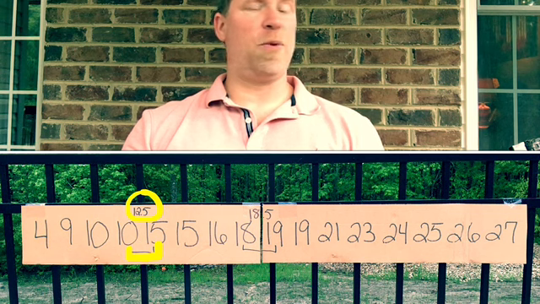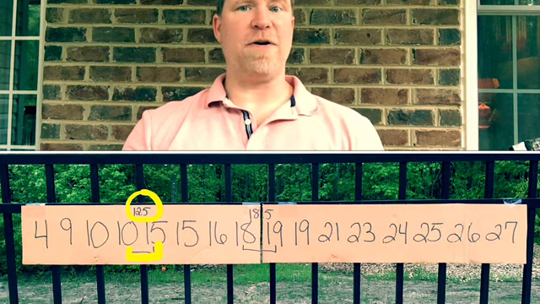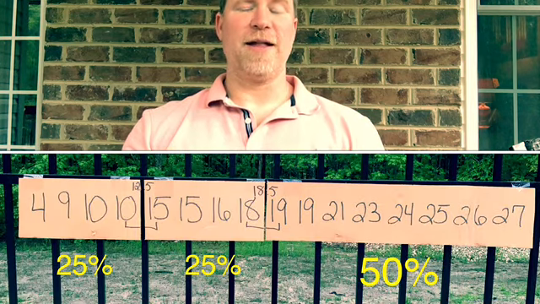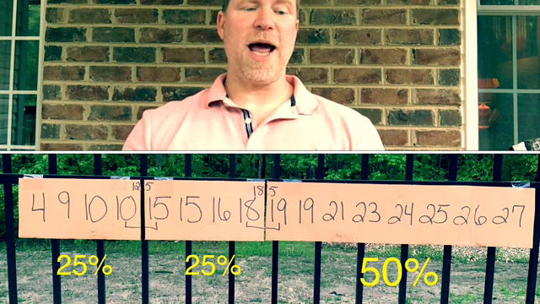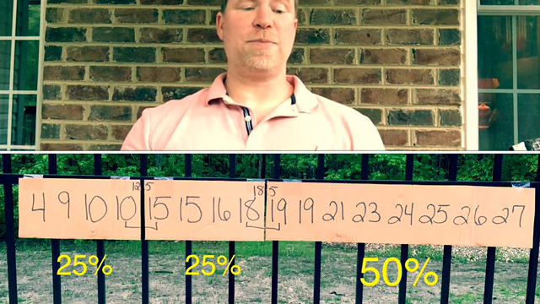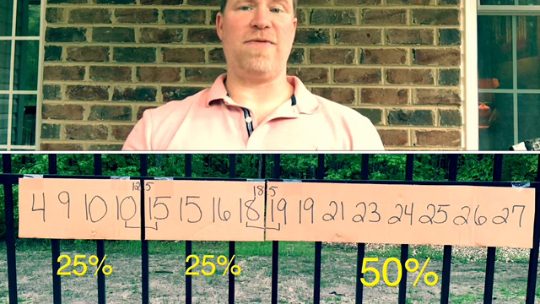That's going to give us 12.5. So 12.5 is our median of the lower half. Now I'm going to cut this at 12.5. That's going to split our 50% up into 2 equal parts. So now we have 25% of our data, and then the next 25% of our data.